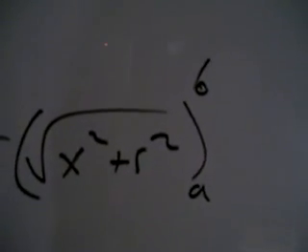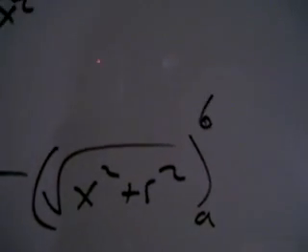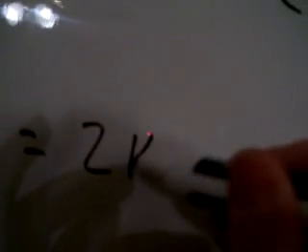I don't know why I'm changing the order, but those are what's out there. Multiplied by the square root of x squared plus r squared, that evaluated from a to b. I haven't evaluated yet, I've just done the integration. And so, all in all, the potential is going to equal this.